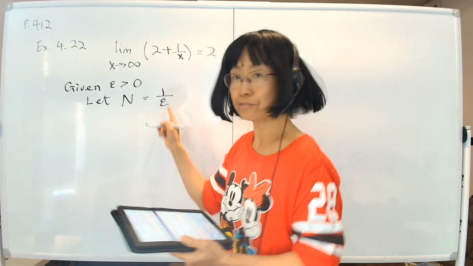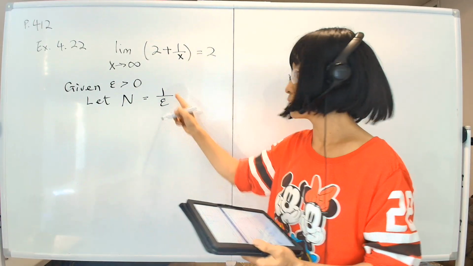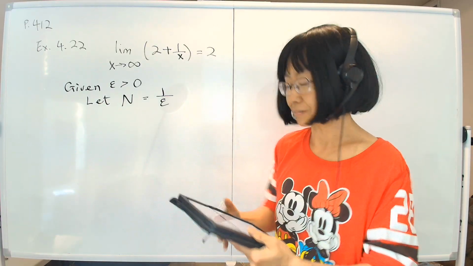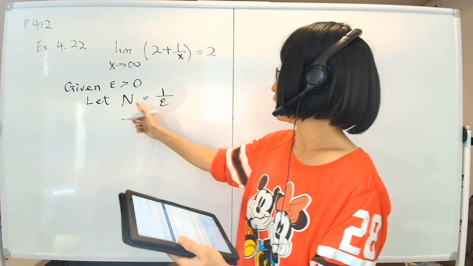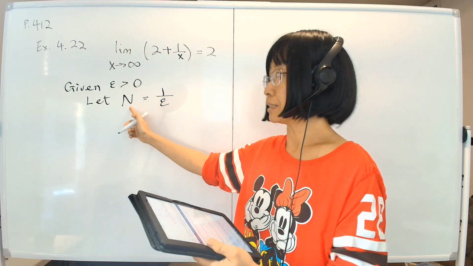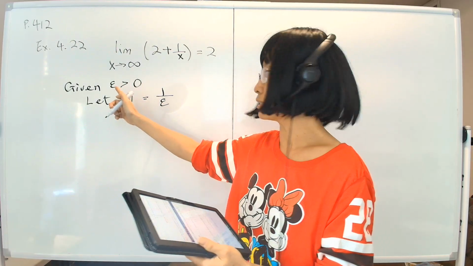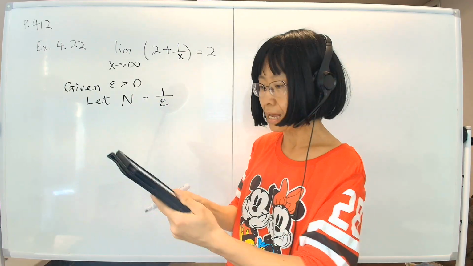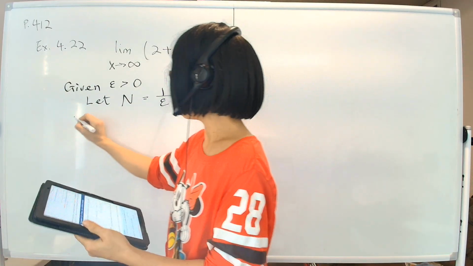The reason I do that is because this says 1 over x, so I just did the same thing. So for any epsilon that somebody tosses us, we'll choose a large number that's 1 over epsilon.